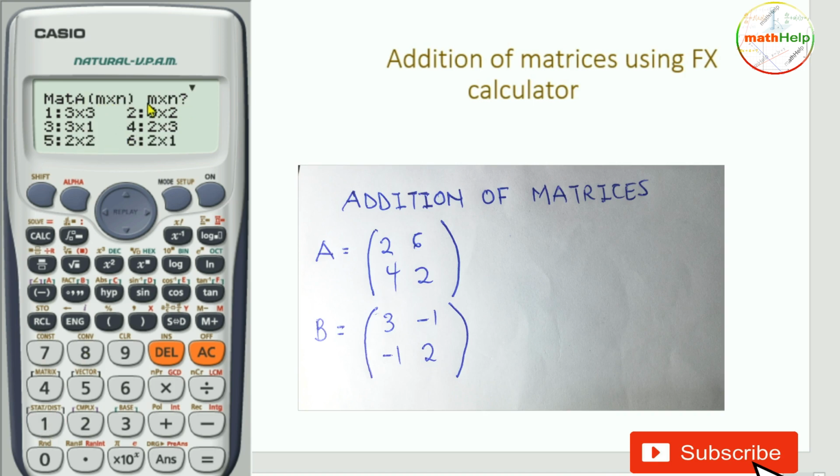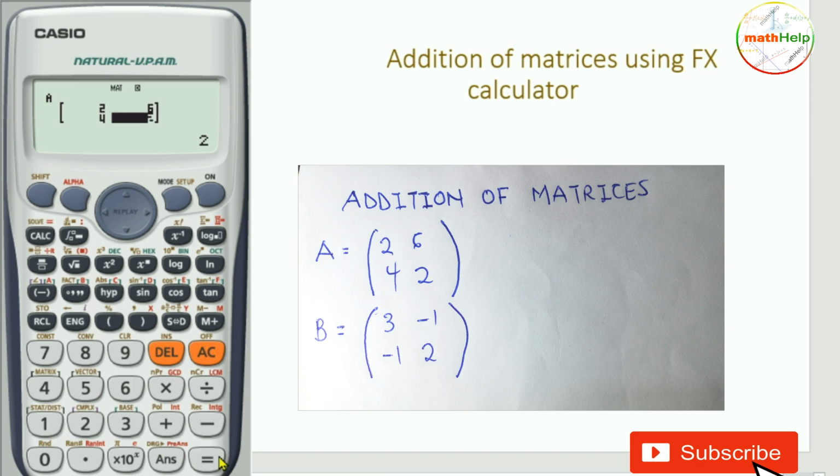The dimension for the matrix we are solving is 2 by 2, which is option 5. So we choose 5. Then we enter our data for A: 2, 6, 4, and 2. So we are done entering our data for A.